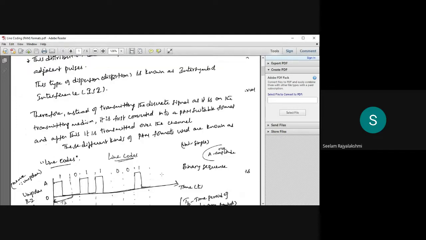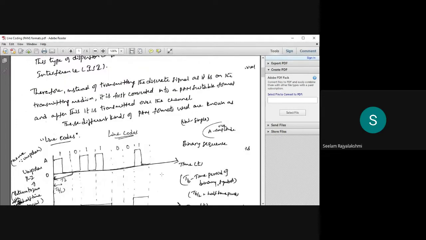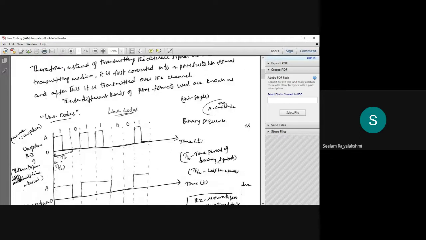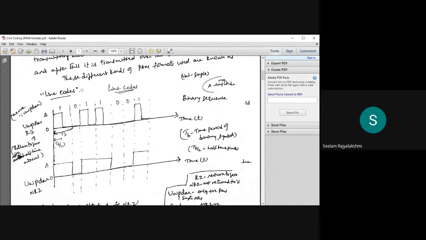The different kinds of PAM formats used are known as line codes, so let us see the different types of line codes or PAM formats.